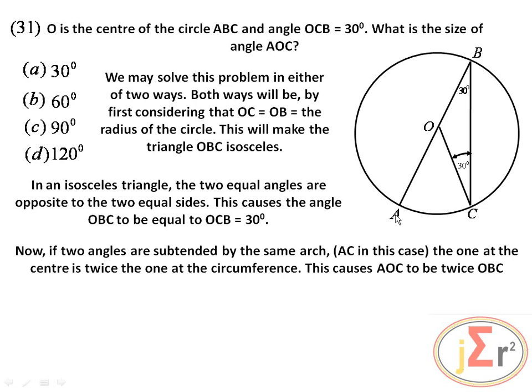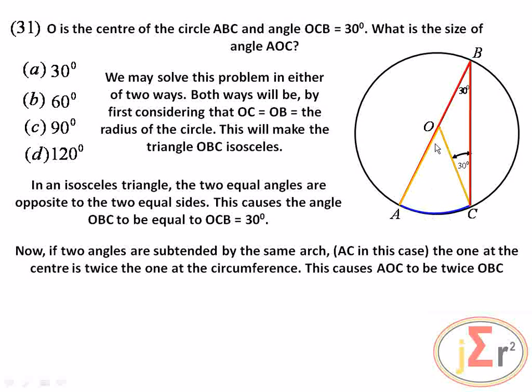So we are saying this arc subtends 2 angles. One is AOC and the other one is ABC. And we know that the one at the center, which is AOC, must be twice the one at the circumference, which is ABC.